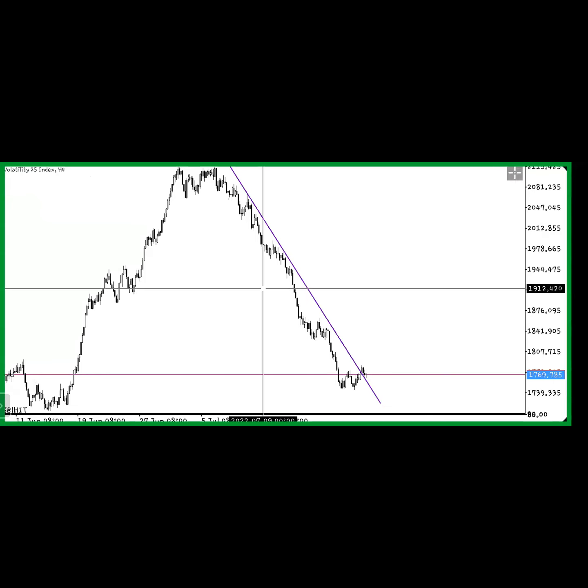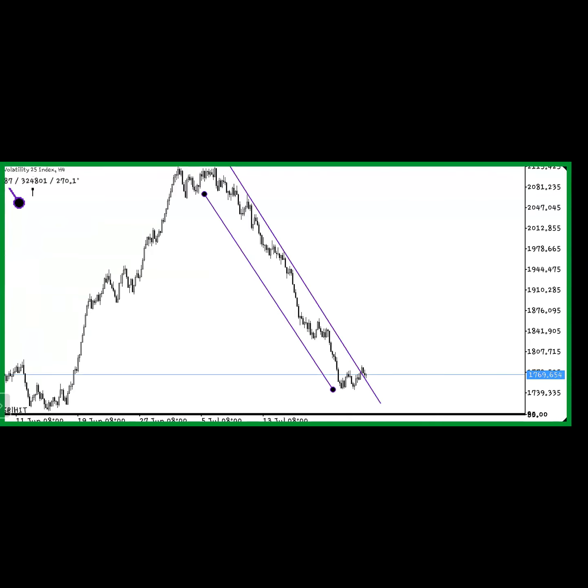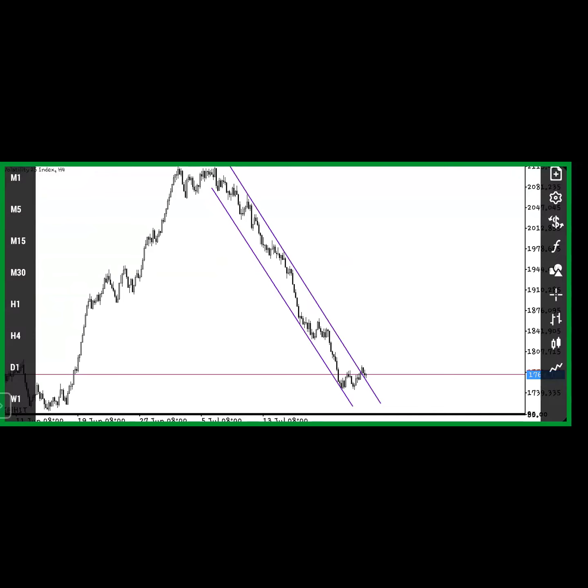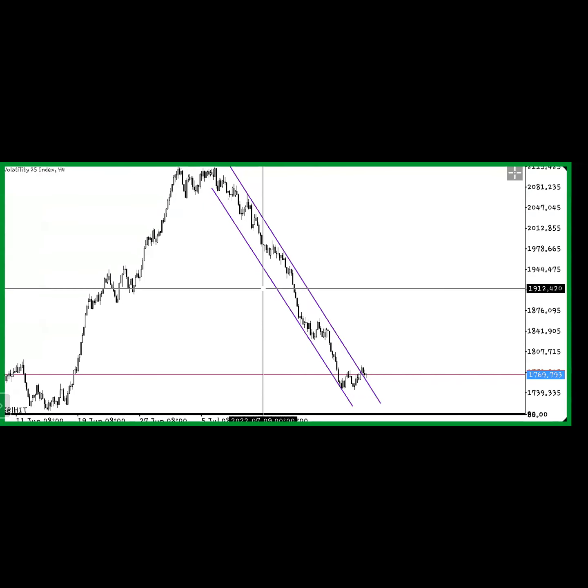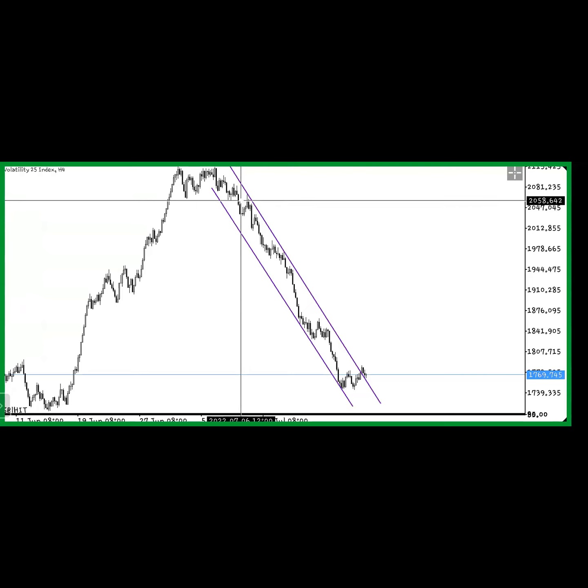Let me put the bottom one so that people will understand it clearly. This one, the bottom one, it doesn't really matter, it's only so that we can see how we have to put it. So here we have our main channel. This is what we call a descending channel. We are talking about 2 touches. This one is our first touch, and our second touch is here.